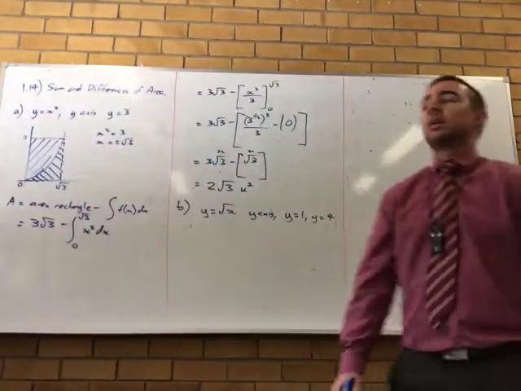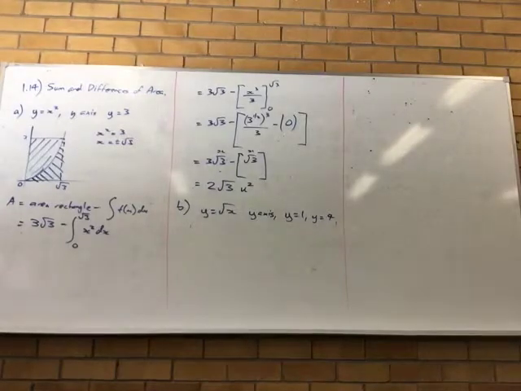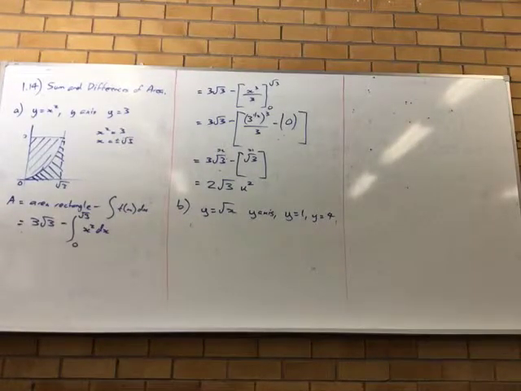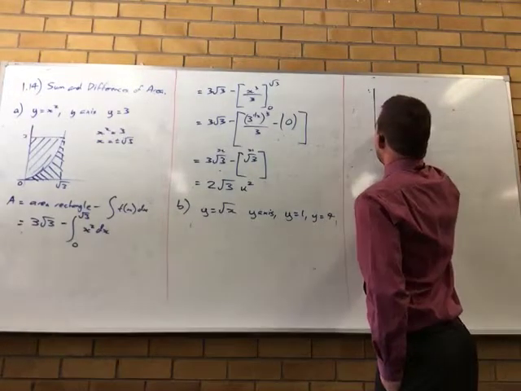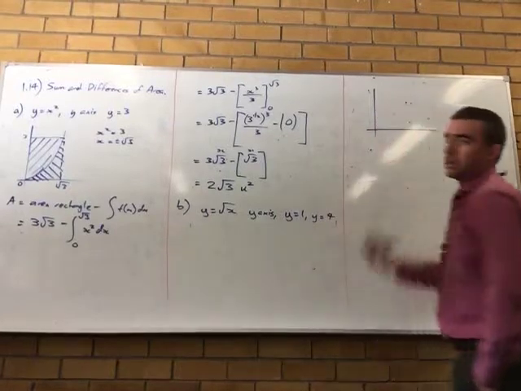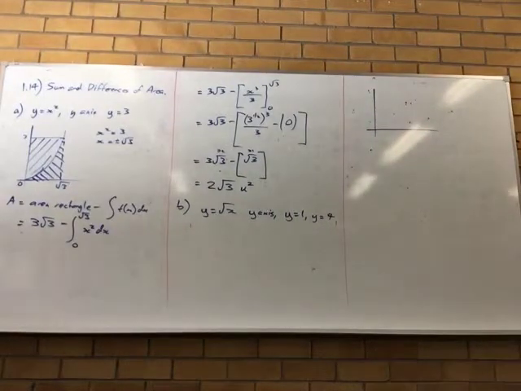So that's the first thing you need to do. The very first thing in all area questions, you need to do what? Sketch. Make sure you understand exactly what you're finding, or you have a good representation of what you're doing.